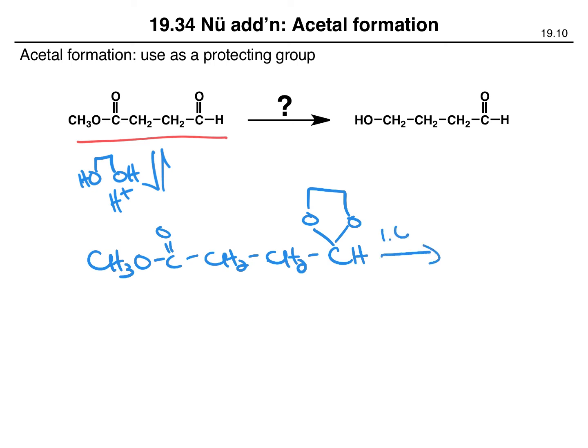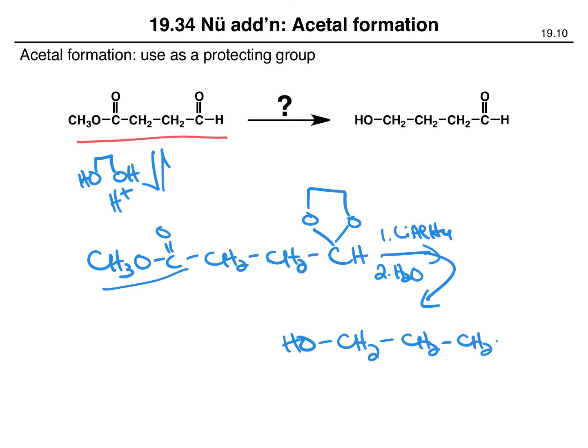Next, we can treat this with lithium aluminum hydride followed by water, and I'm going to have to write this down here. So that is going to convert this into a CH2OH group, which is connected to a CH2, connected to a CH2, connected to the CH, that is the cyclic acetal.